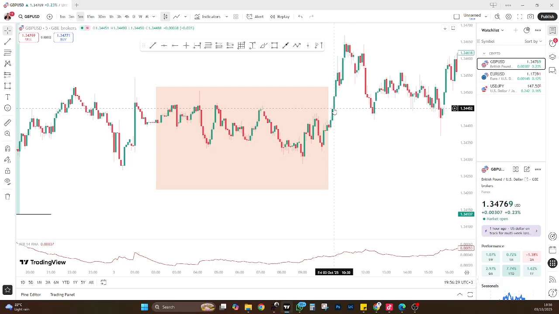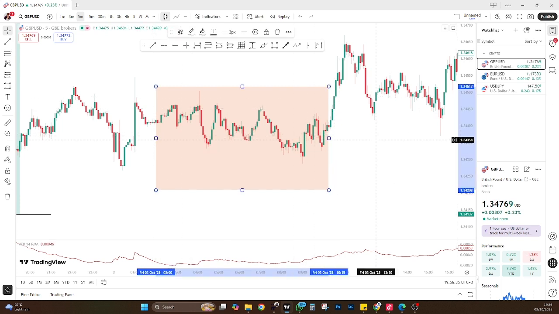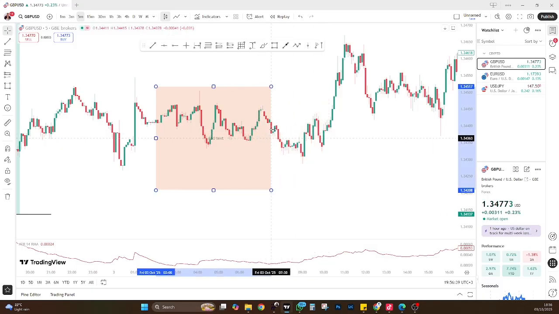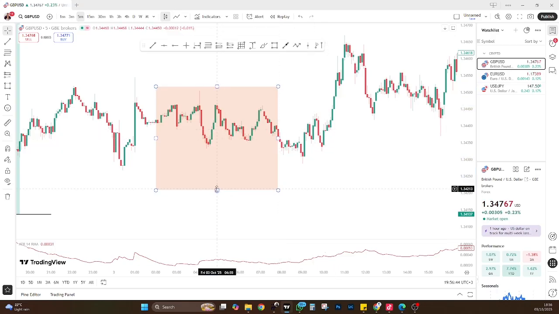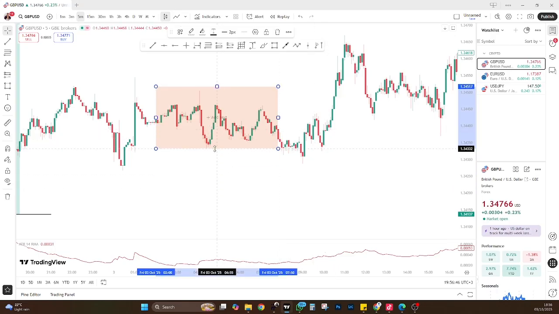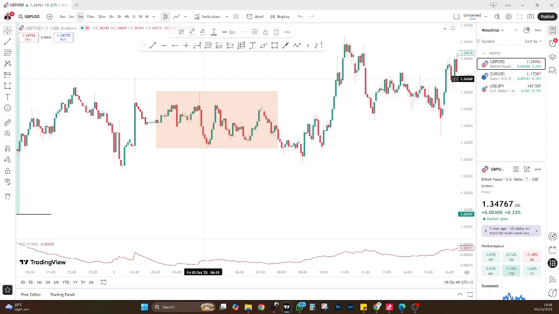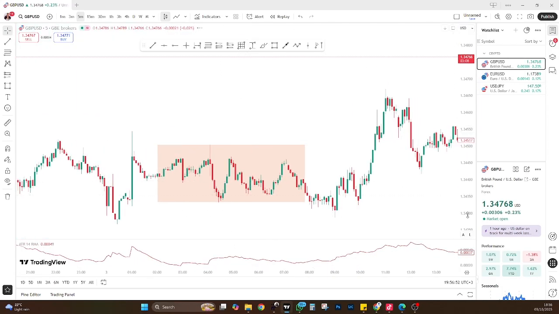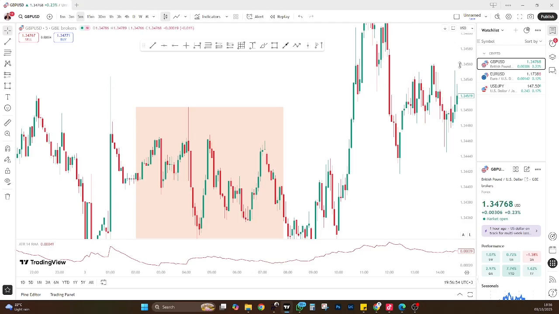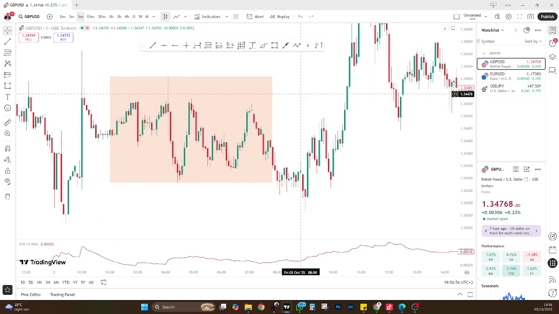So look at this: 2 a.m. to 7:50. Make sure you have captured the swing low and the swing high. Follow me. This is the last example, and then we'll be done for the day.